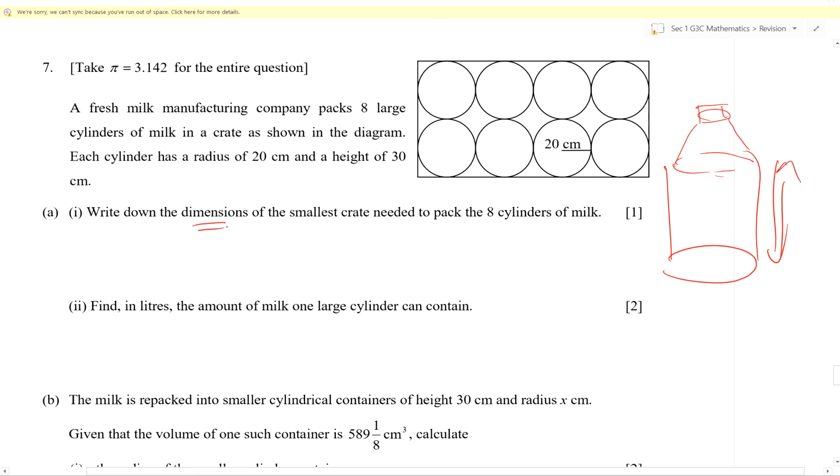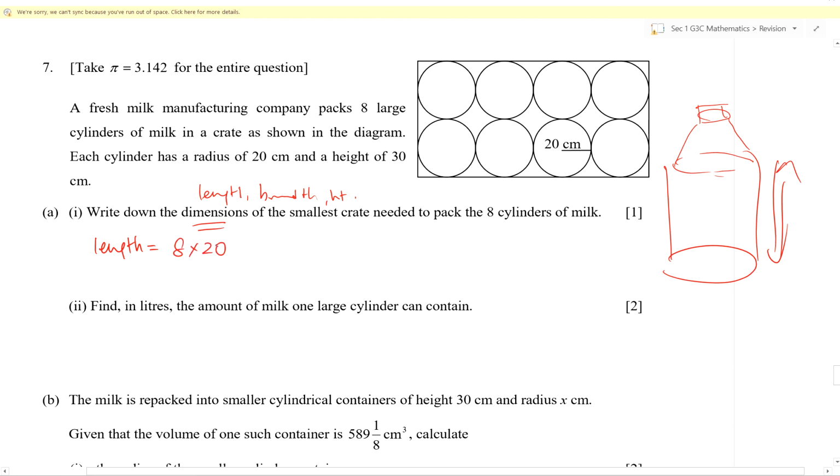Dimensions refers to the length, breadth, and height. So what is the length? Because they want the smallest, right? That means I don't want any extra. I want to minimize the extra space. That means they're all packed very closely together, in this way. Length equals how much? 1, 2, 3, 4, 5, 6, 7, 8 times 20.